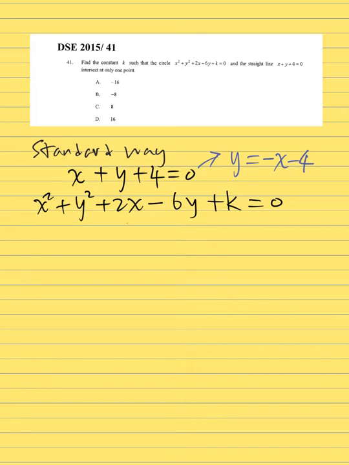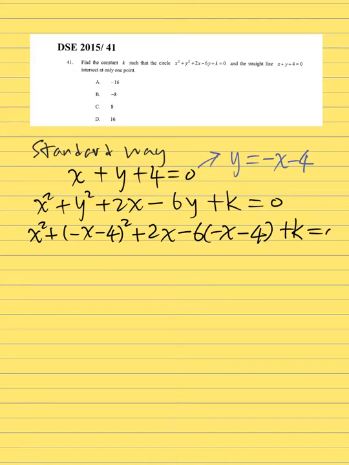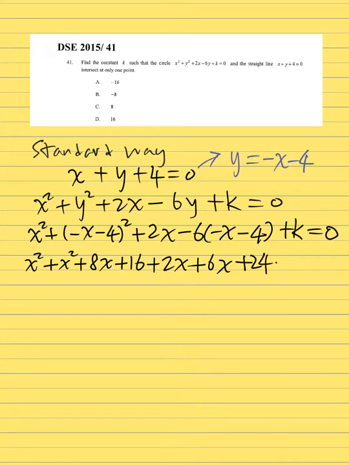It becomes x squared plus (negative x minus 4) squared plus 2x minus 6 times (negative x minus 4) plus k equals 0. Expanding, you get x squared plus 8x plus 16 plus 2x plus 6x plus 24 plus k equals 0.